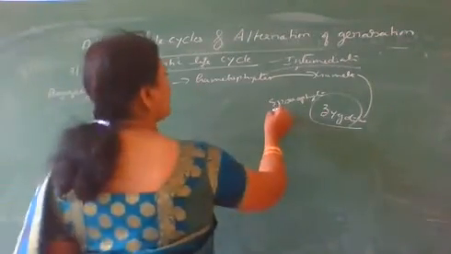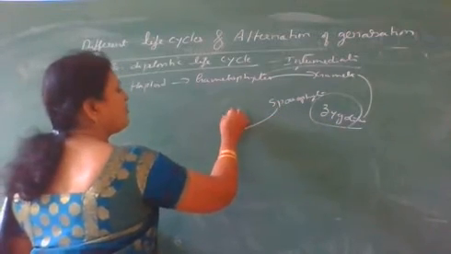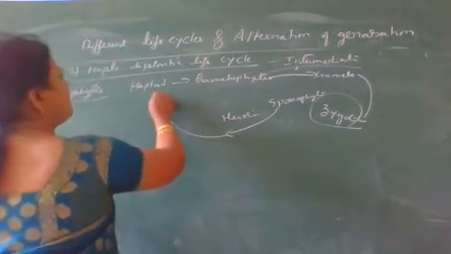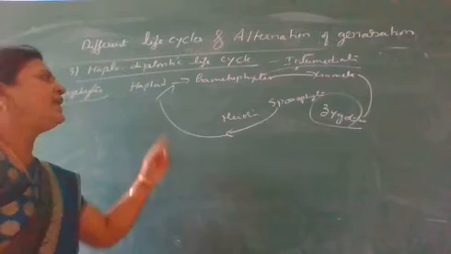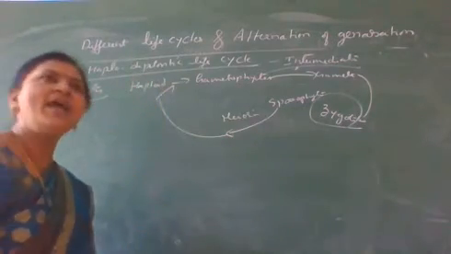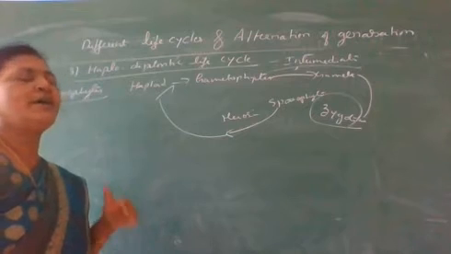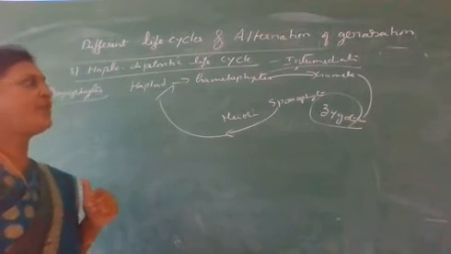And that sporophyte again undergoes meiosis and produces what? Haploid spores. Later on that develops into a gametophyte. So this kind of life cycle here we can say is haplontic.